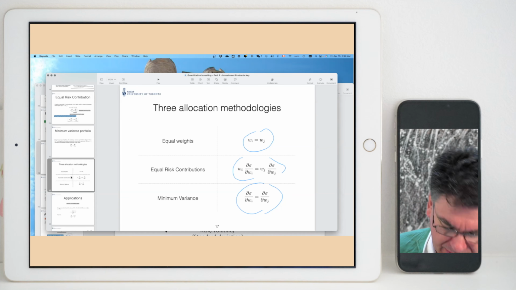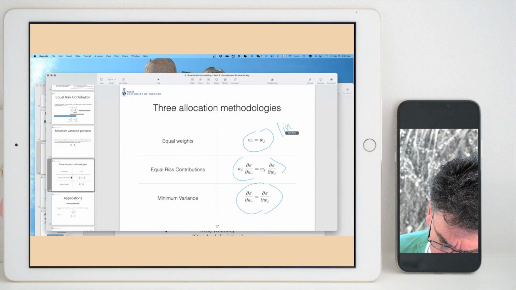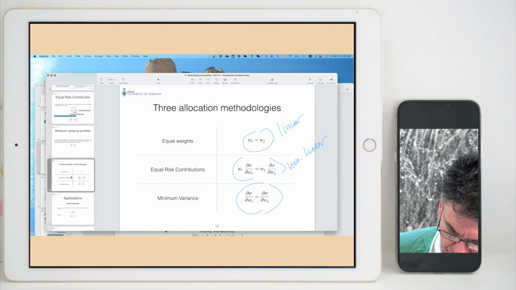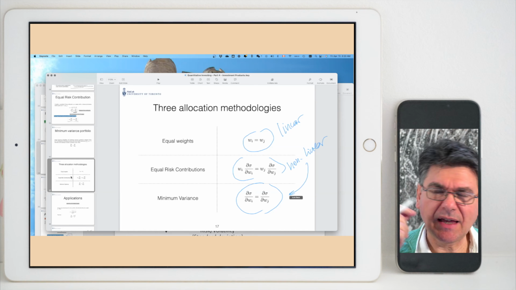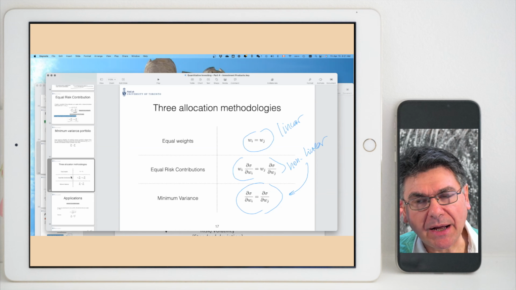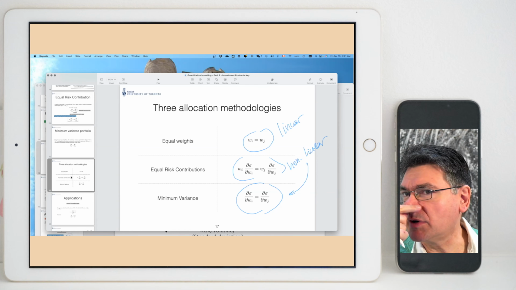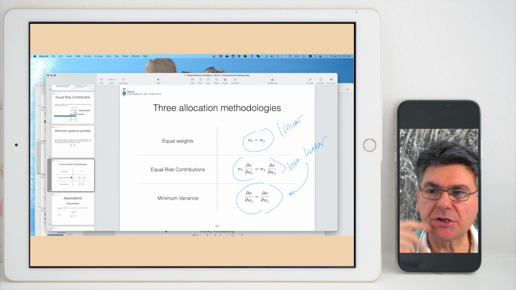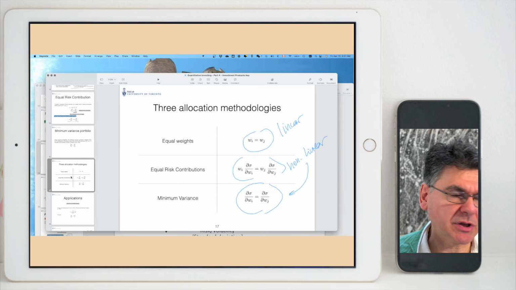In this case, they are linear. In this case, they are non-linear systems of equations. They have solutions which are a little bit complicated, but I want to spend the rest of the class going through a particular case where we can get some intuition as to what these allocation methodologies mean.